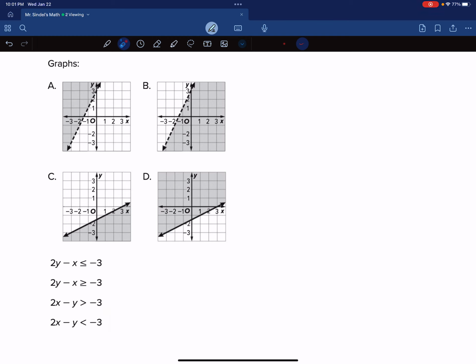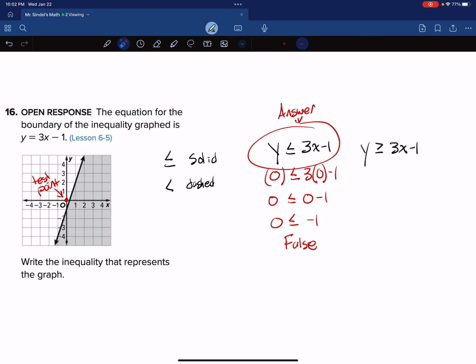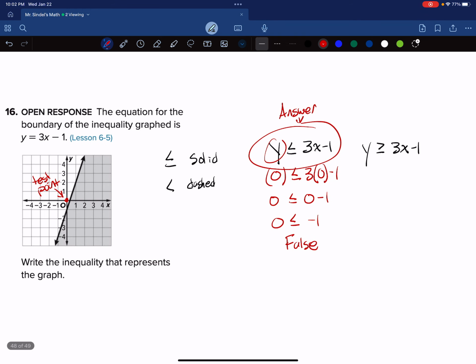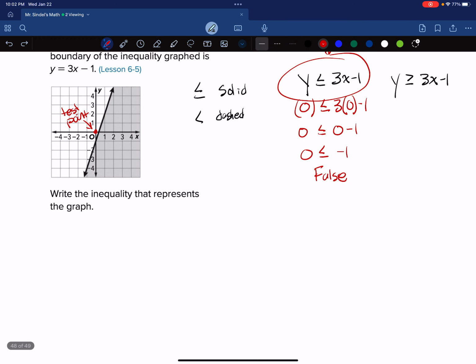I told you I was going to do the shortcut. I'm really sorry. So here's a shortcut. If you get y by itself on the left-hand side, then this symbol right here will tell you if it's up or down. So I will write that down because I have a feeling that some people are watching the video right now and are going to get a little bit of extra help on their test.